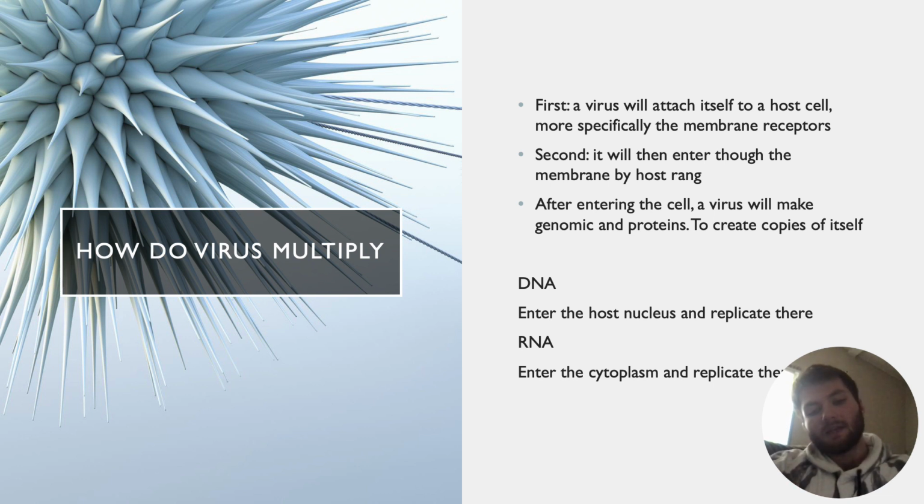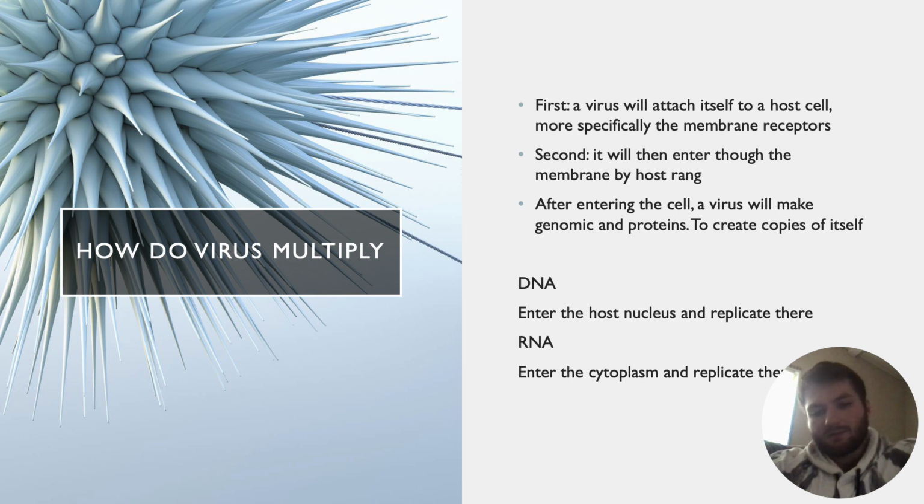That's the key difference between DNA and RNA viruses. DNA viruses will only replicate in the host nucleus, and RNA viruses will replicate in the cytoplasm. After it gets in the cell, like I said, it makes genomes and proteins.